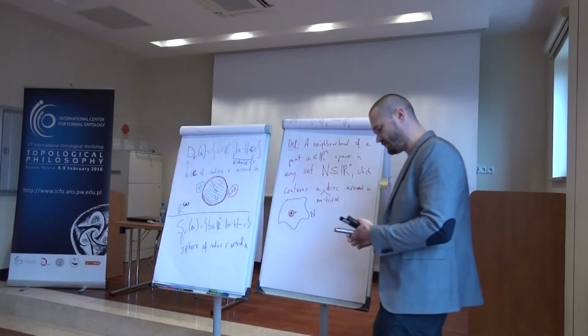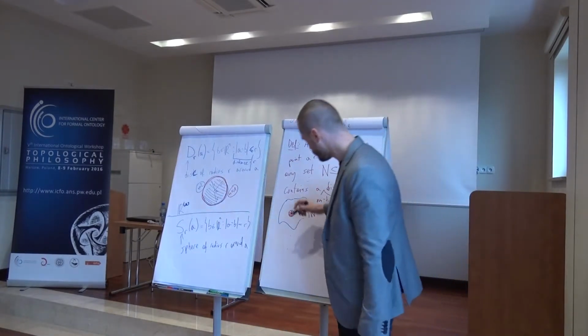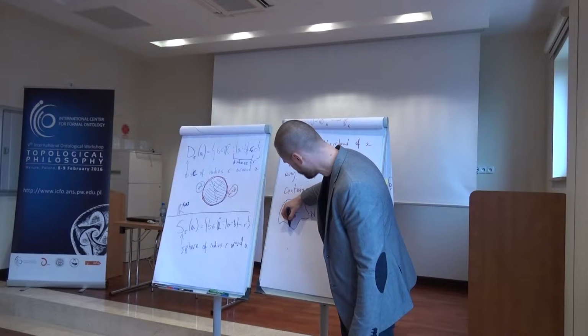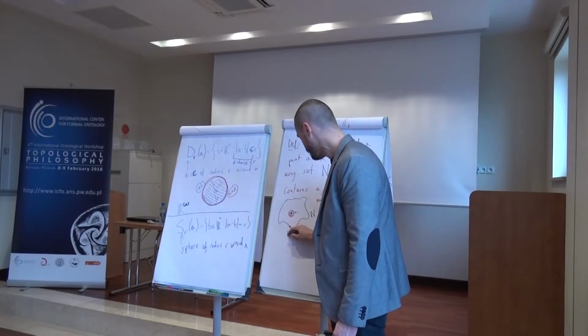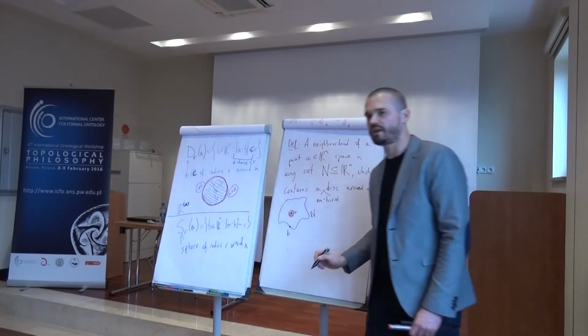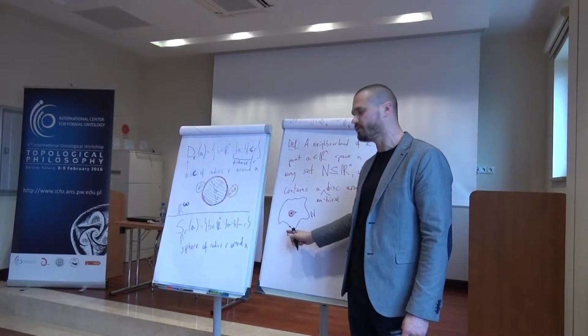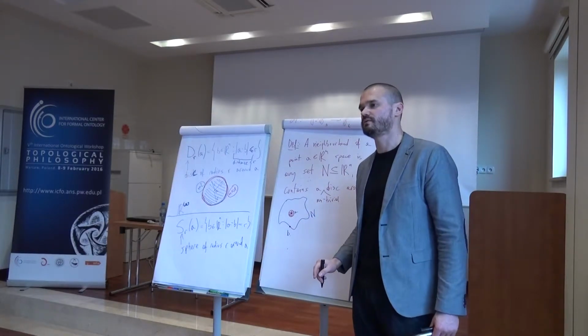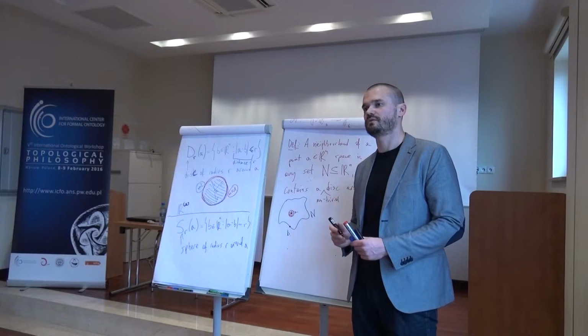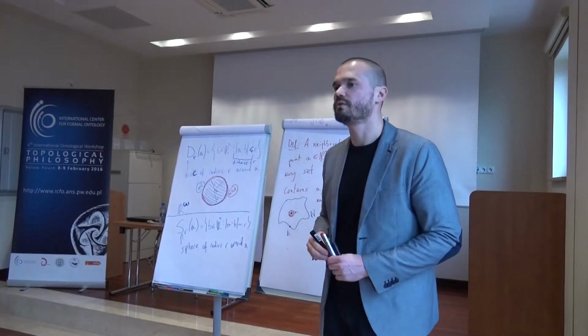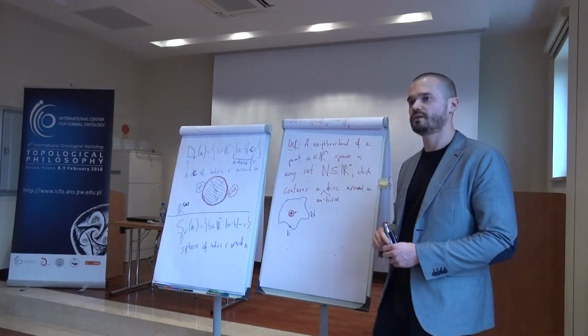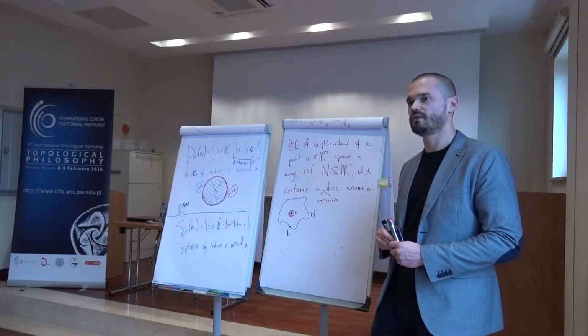So for example, if you have a point B here, the question is: is N a neighborhood of B or not? No? Why not? Because part of this disk is outside.